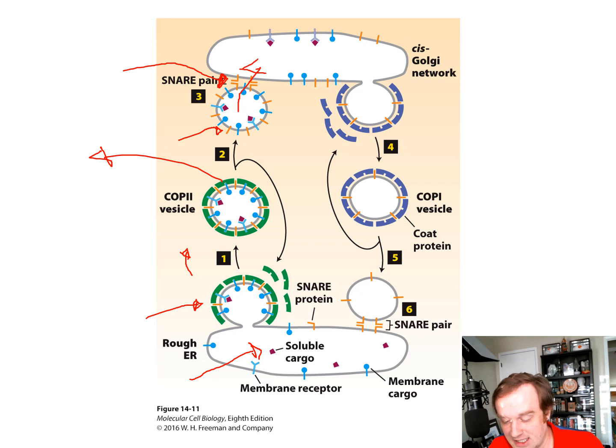So we release everything in there into the compartment of this membrane. Now, in the reverse or retrograde transport, those COP1 vesicle-mediated cis Golgi transports go back to the ER. So we have COP1 instead of COP2.